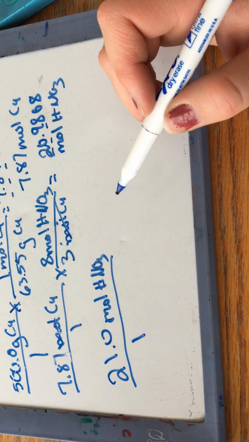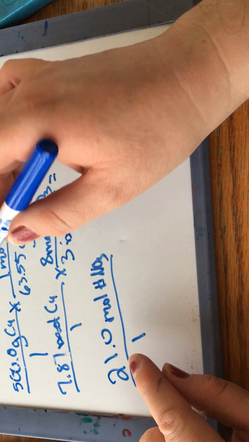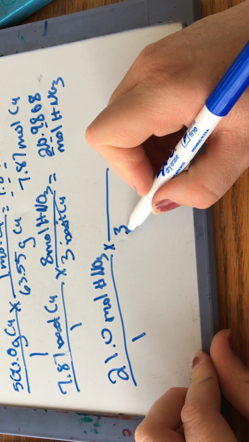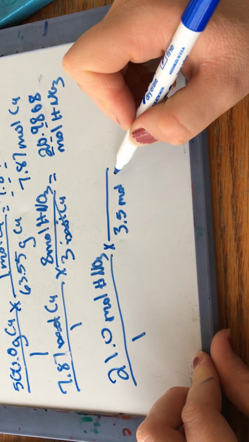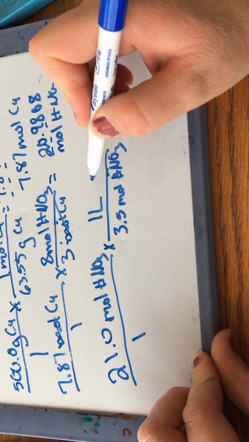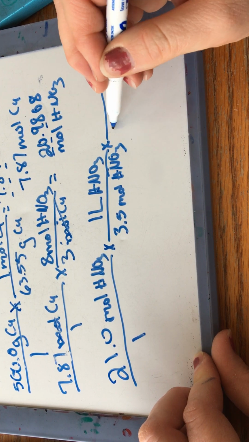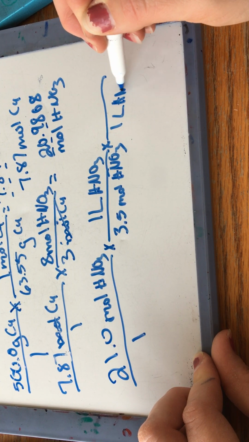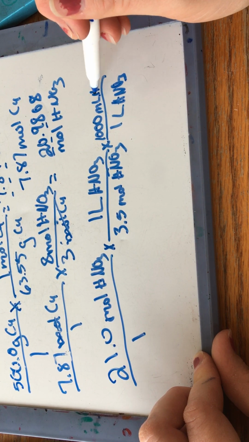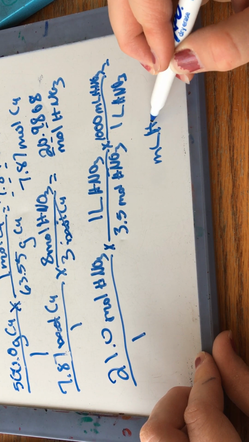Okay, so now we're in moles. Now we know that molarity is 3.5 moles of nitric acid over 1 liter of nitric acid. And we know 1 liter nitric acid is the same as 1,000 milliliters of nitric acid, which should put us into milliliters of nitric acid.